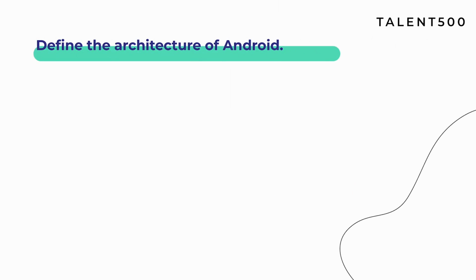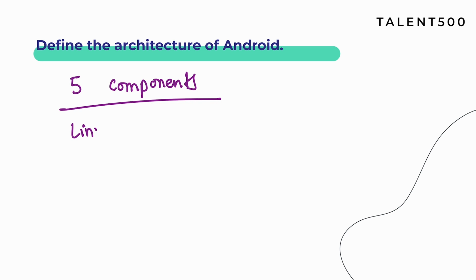Sorted? Moving ahead, define the architecture of Android. So Android architecture consists of 5 significant components. Number 1 is Linux kernel. Number 2, platform libraries.